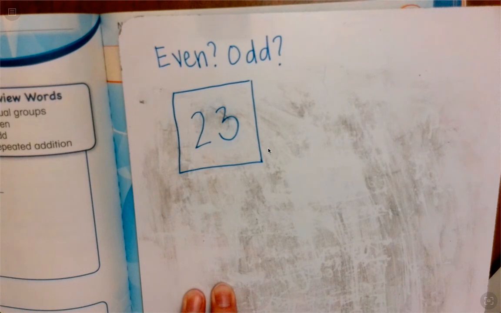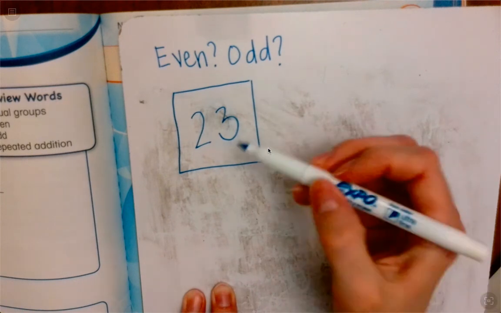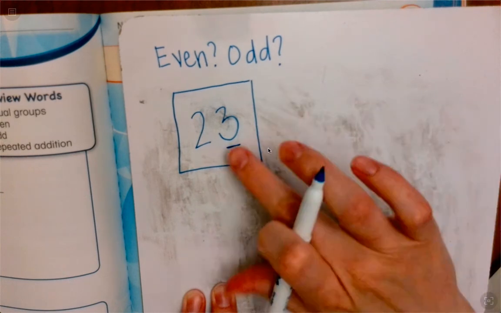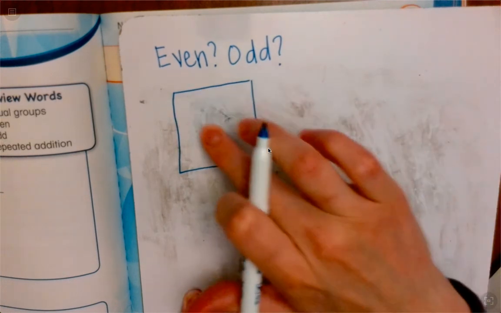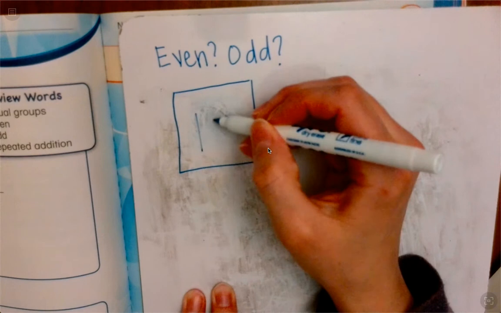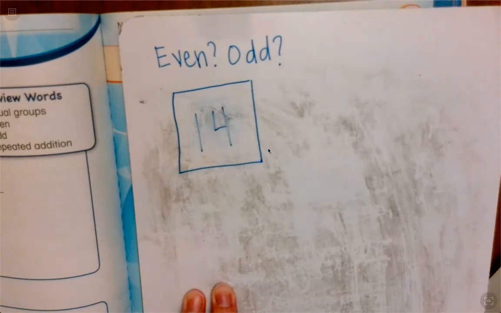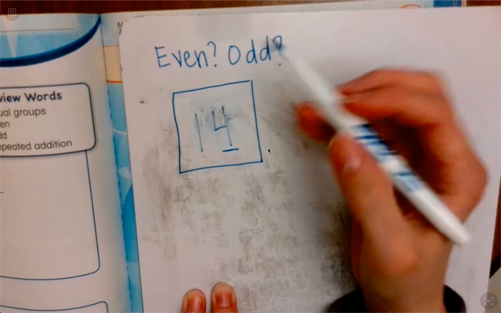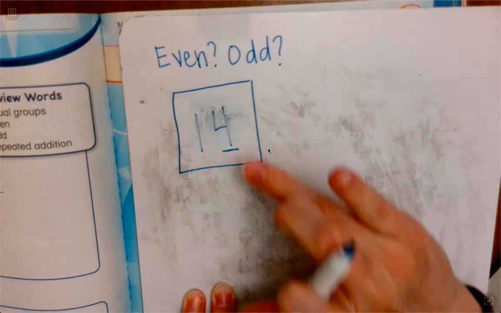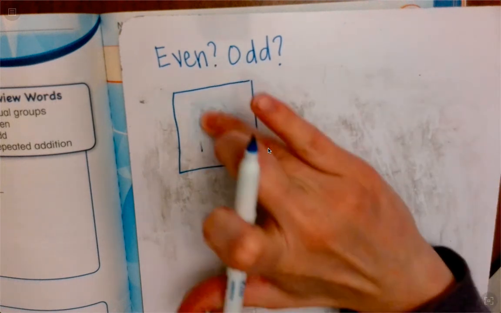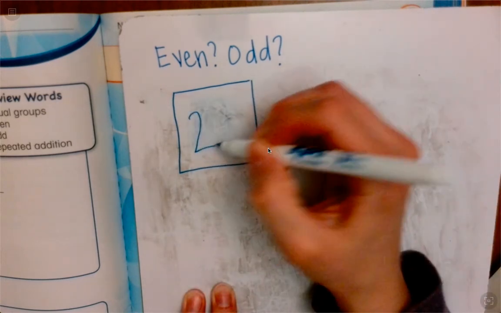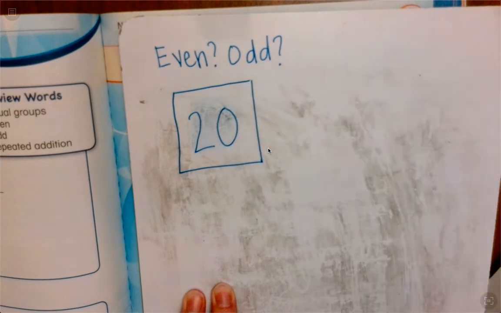23. Don't forget you're only looking at this number here. So you should have said odd again. Good job. How about this one? Then you're looking at that number. Even. Good job. How about 20?